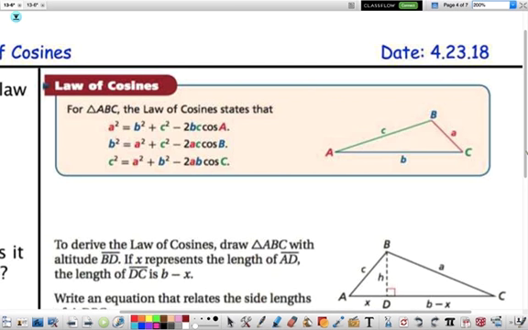Law of cosines says that for triangle ABC, written as you have there on the side, side A squared is equal to B squared plus C squared minus 2BC cosine A. What do you notice are on the end of that sandwich? Side and opposite angle. Right, and they're both A, right?